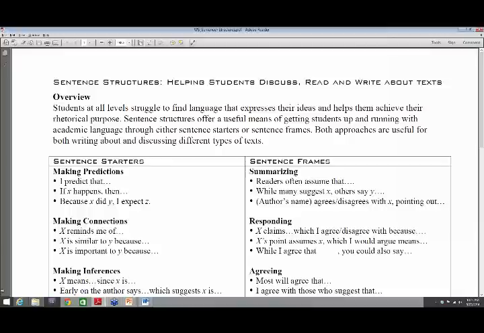We don't want students to use them forever, but it's a nice beginning. So if they want to make predictions, these are some of the words. And instead, of course, of saying I predict, we can use the author. If this happens, then that. Boy, that sounds like science to me. But sentence frames are a nice beginning to get students into writing more effectively in what trait 3 is asking for.